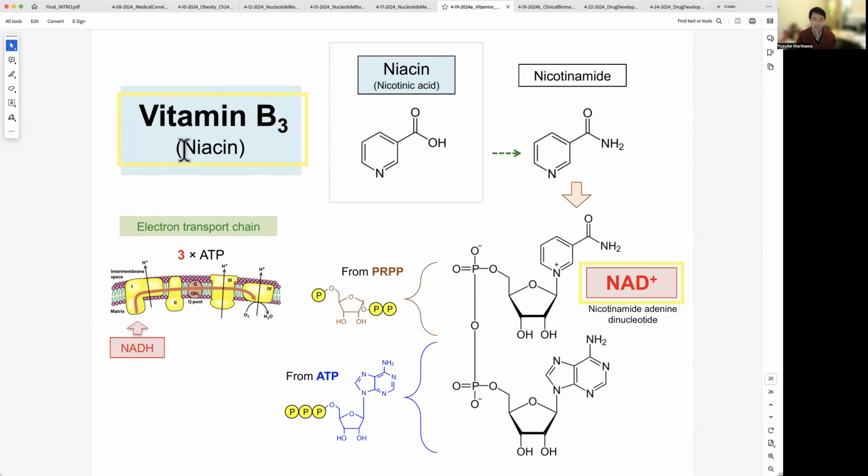And niacin is the precursor of NAD, NADH, NADPH, so nicotine, NAD. So know that, okay? As you know, NAD, NADH is going to produce ATP. B3, niacin, NAD, NADH. Connect those: the name of this vitamin B3, niacin, and it's a precursor of NAD, NADH.